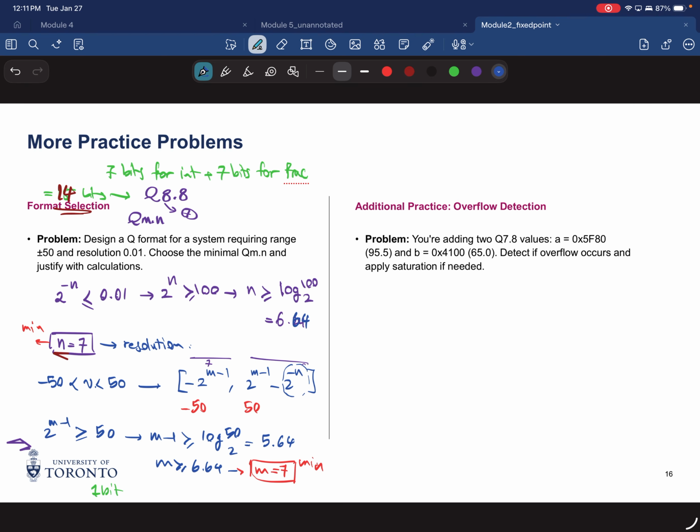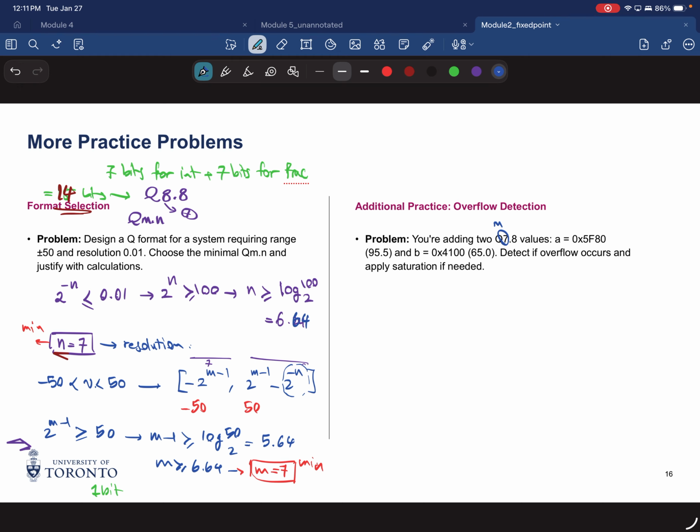First thing first, we have two numbers in Q7.8. One of them is in hex 5F80, the other one is 4100. In your exams and assignments, we will always tell you whether the first number, M, includes the sign or not.